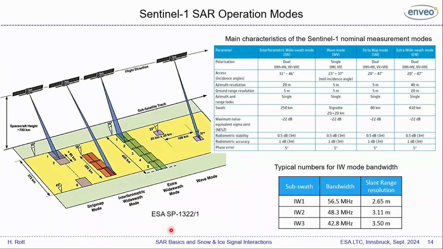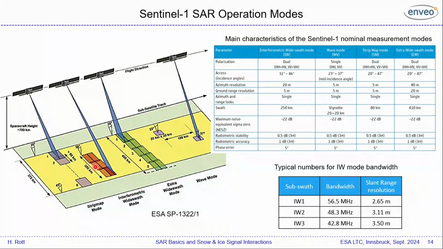Now, I don't think I need to talk about these Sentinel-1 SAR operation modes, because you will hear about this or heard already in other lectures. But just to mention that with these antennas, you can program the acquisition either with high-resolution strip map mode. This is shown here with 5 meter nominal resolution, but a smaller beam width.